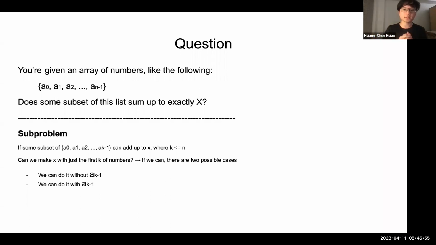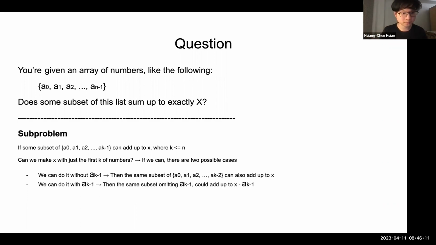And if we can, there are two possible cases. So one possible way is we can do without AK-1, and the second possible way is we can do it with AK-1. And there are different paths with these two solutions.